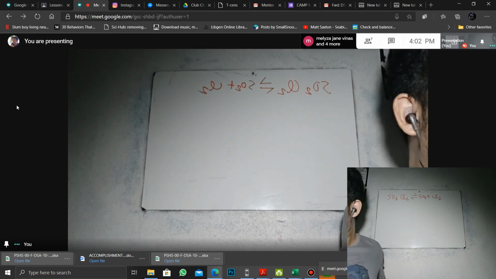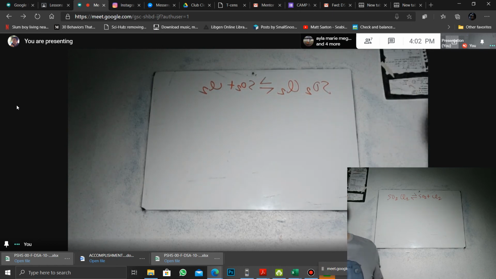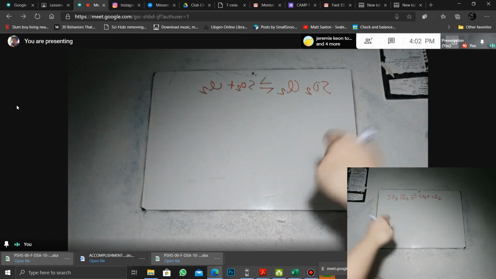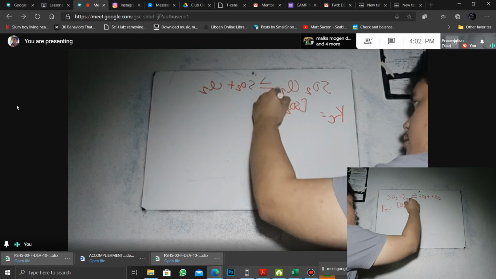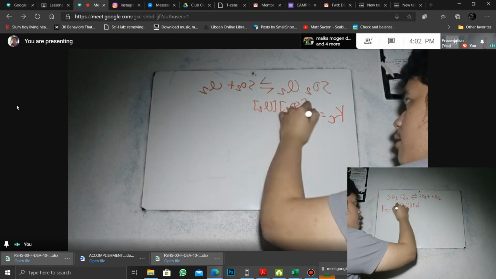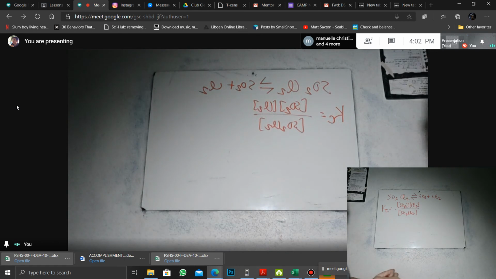Hindi na. Kasi, we're just examining the mixture at equilibrium na agad. Ayun na. So, what do we have? Kc equals SO2Cl2 over SO2 Cl2. Hinahanap natin ay yung partial pressure ng chlorine.